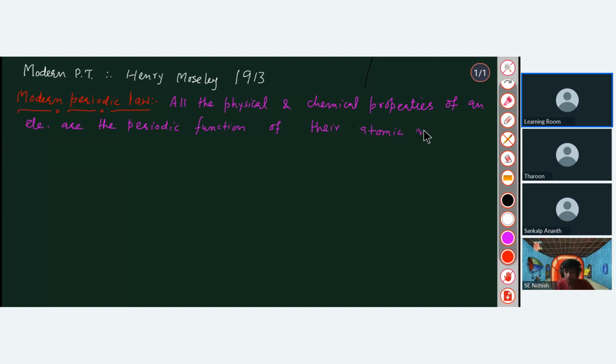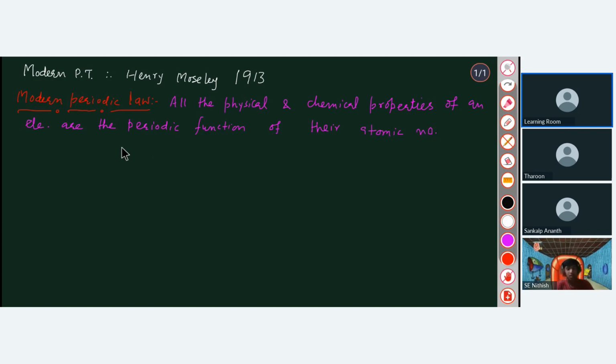On the basis of this, elements have been arranged in increasing atomic number. Exactly, in the modern periodic table all the known elements have been arranged in increasing order of their atomic number.